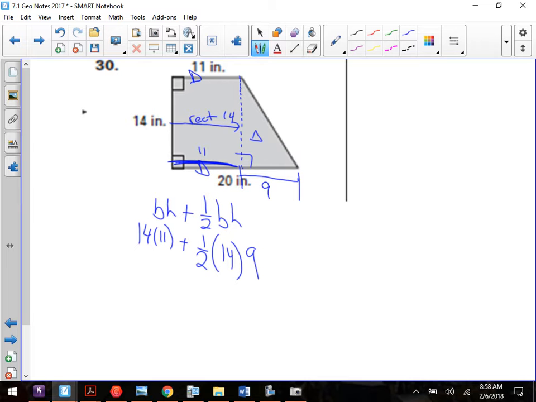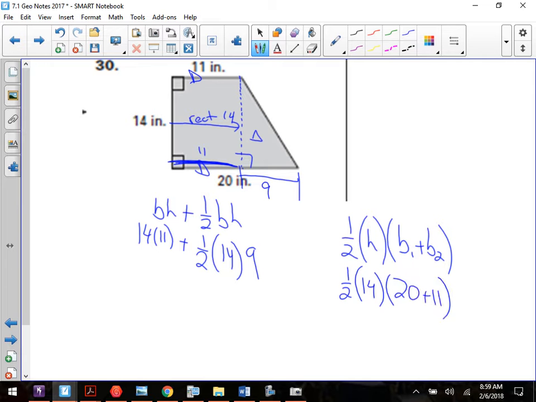But if you did happen to look up the trapezoid formula, I believe it is 1/2 the height times the sum of the bases, and those bases are the parts that are parallel. So you get the same answer going either way. If you looked it up, it was 1/2 of 14 times 20 plus 11.